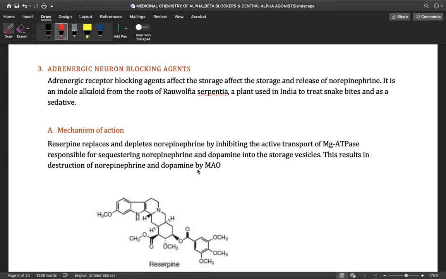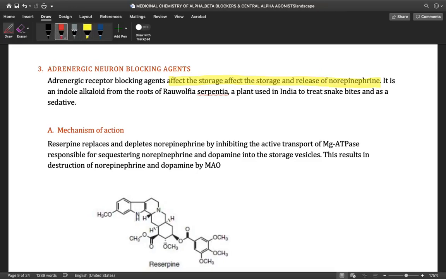Okay. Now, before we get into some of the important drugs, I wanted to briefly mention some of the adrenergic blocking agents and the adrenergic neuron blocking agents. These particular agents affect the storage and release of norepinephrine.